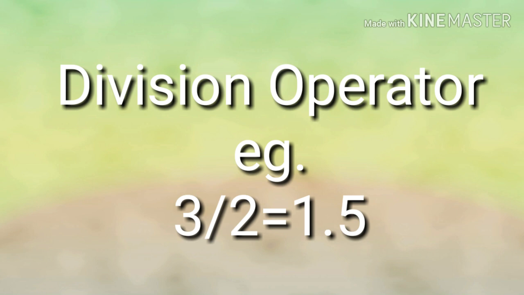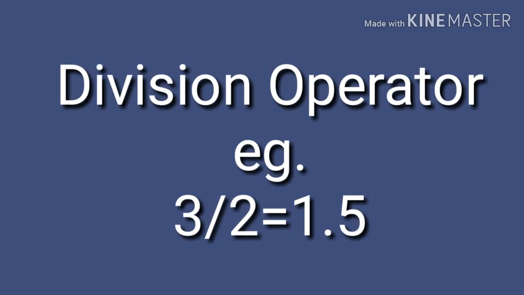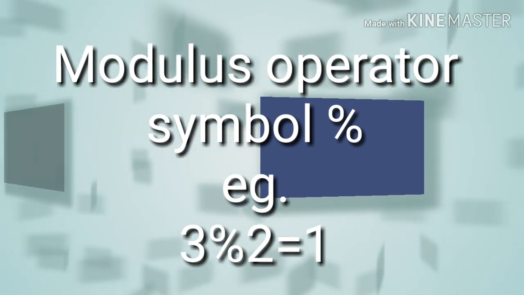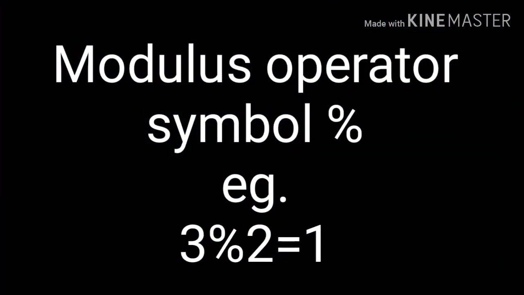Division is also the same as usual. The next arithmetic operator is modulus, represented by the percent sign. It gives the remainder value as an integer.